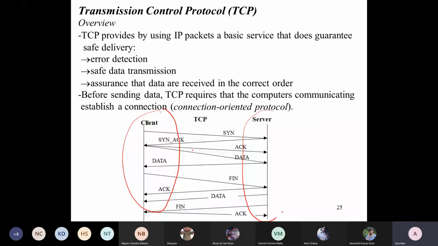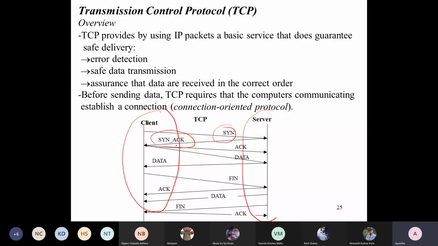So how can you do that? The client should send some signal to the server that, okay, come in sync, we are now going to start the data transmission. Once the server receives that synchronization request, it can send a synchronization acknowledgement: okay, I am in sync, now send the data.